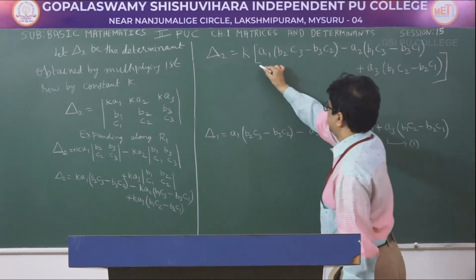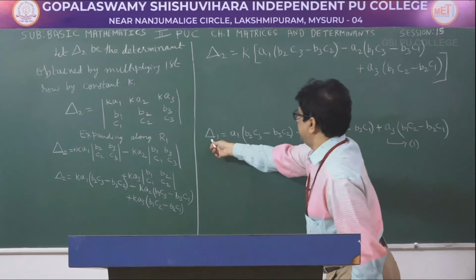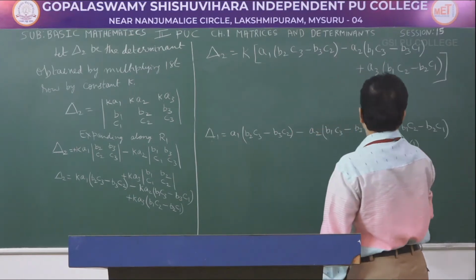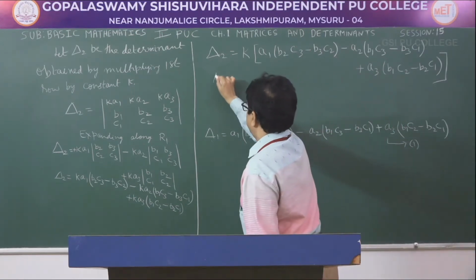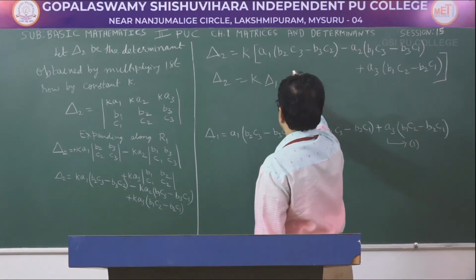If you observe here, the terms inside the big bracket is nothing but delta 1, that is from equation 1. So, delta 2 will be equal to k into delta 1.